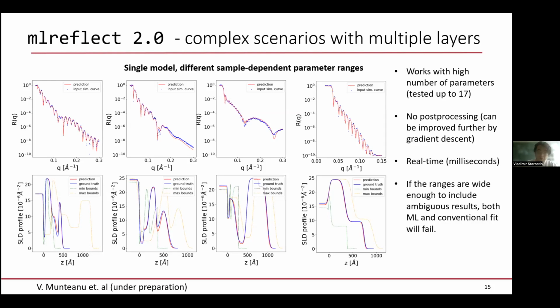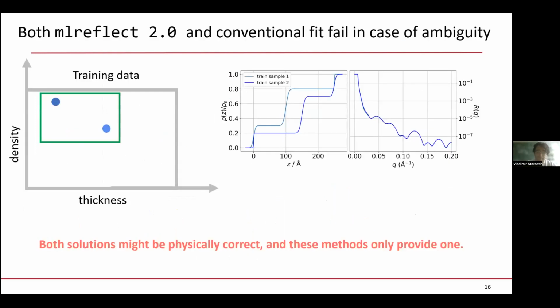But the main problem remaining is that if the ranges of our prior are wide enough to include ambiguity, machine learning will fail, as expected, as I already explained. But so will conventional fit, actually. Just to briefly demonstrate why the conventional approach, where we just take one solution, doesn't work in this case: if we have two solutions within the priors, it's obvious that both solutions might be physically correct, and we would like to extract both of them in our analysis.